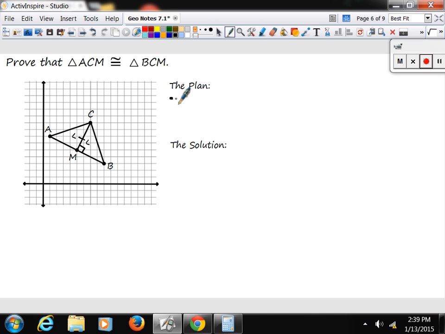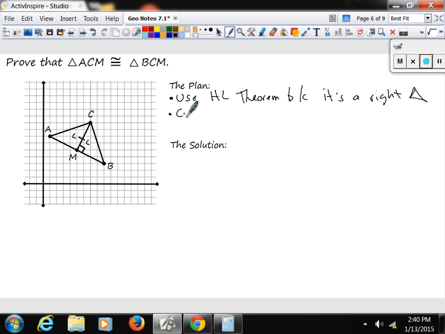So my plan is to use HL theorem because it's a right triangle. Okay, so that would be my first thing. It's a right triangle, I'm going to use HL.